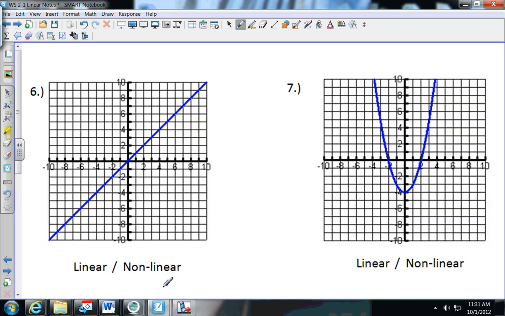Okay, take a second with what we've said about linear and just guess to yourself which one is linear and which one is nonlinear. In the word linear is the word line. Number 6 makes a straight line. That is linear. Number 7, that is a curve. That is nonlinear.